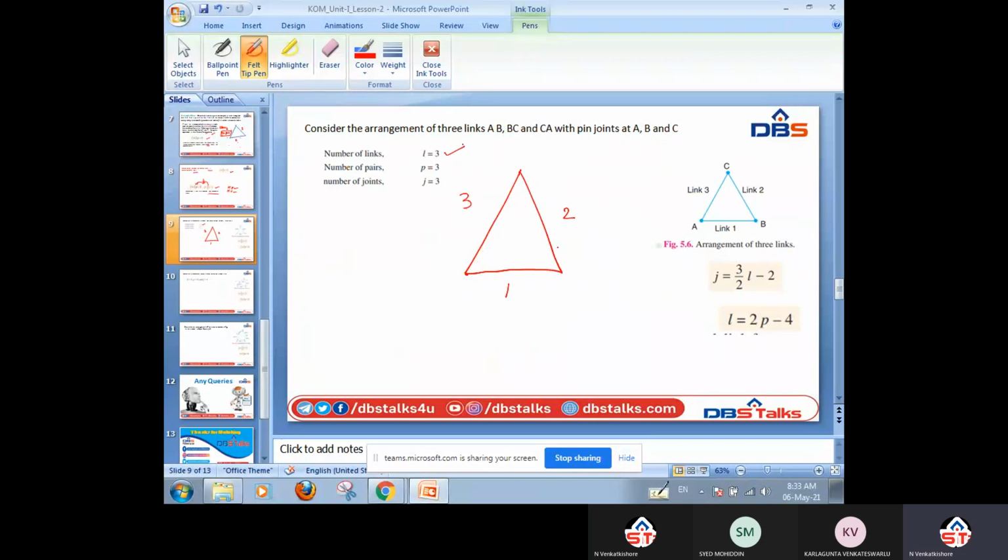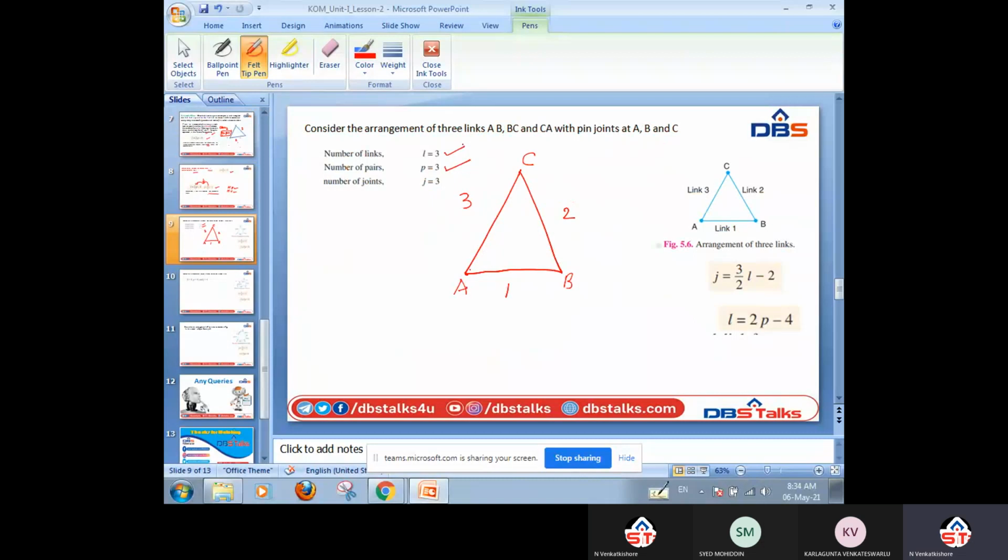One link is connected to the second link at B, and the second link is connected to the third link at C, and the first link is connected to the third link at A. So the pair is 1 and 2 connected at B. So how many pairs are there? This is 3.